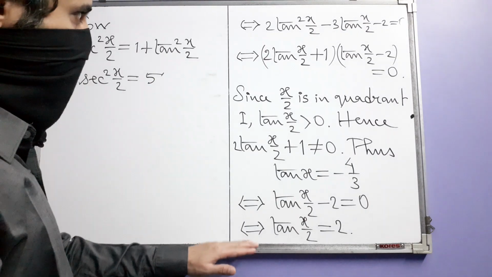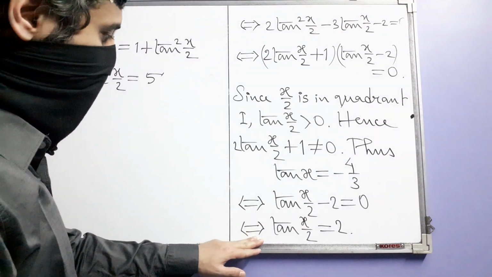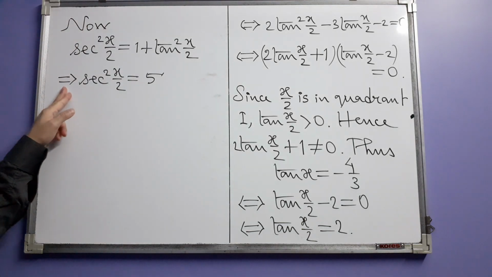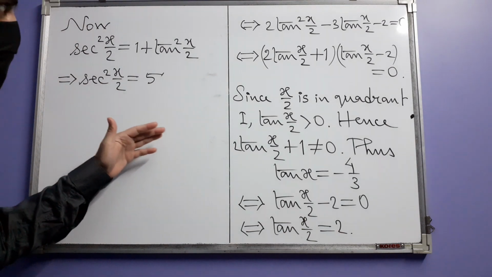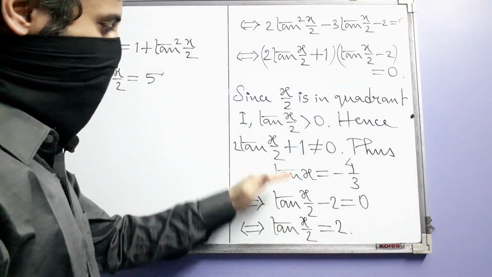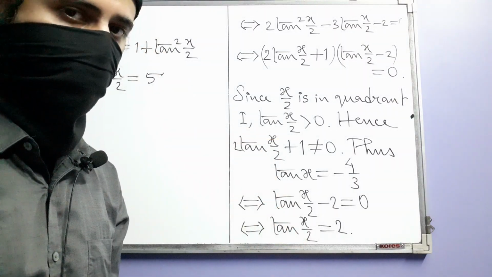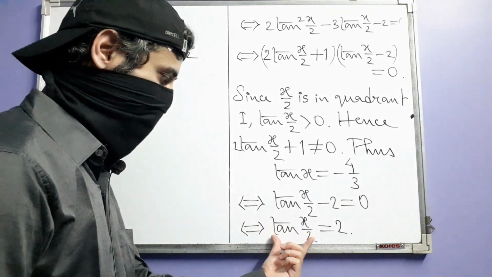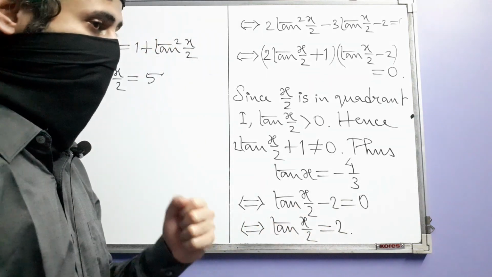If you are wondering why I brought double implication here, whereas here I am writing single implication, that is the implies symbol, that's because here we were solving an equation. We wanted to know precisely what the values of tan x over 2 are.